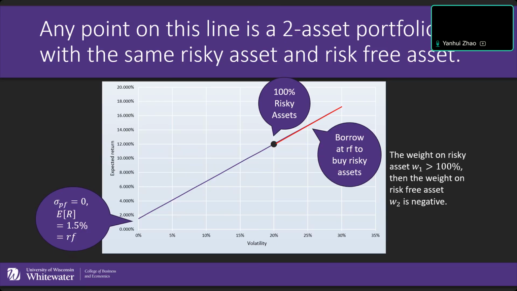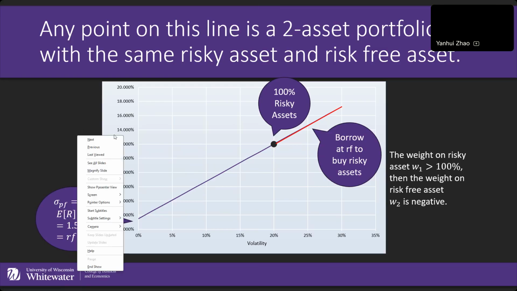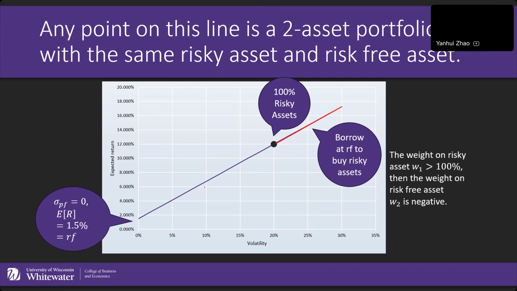And also remember we have two portfolios we calculated. The first one is this 70%, 30%. So the expected return is around 8.8.